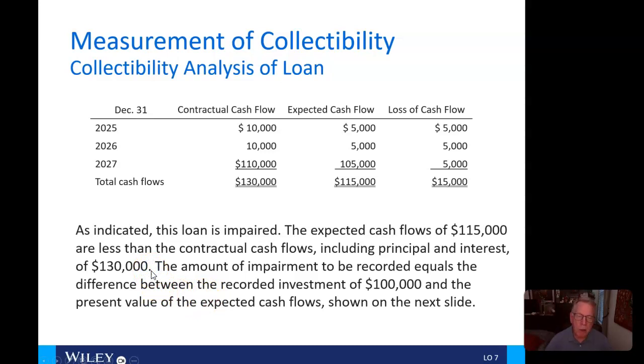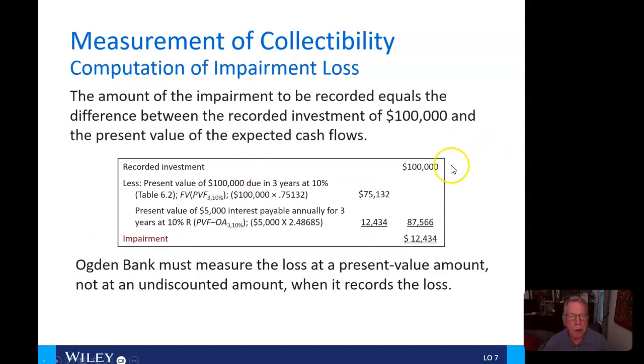The amount of impairment to be recorded equals the difference between the recorded investment of $100,000 and the present value of the expected cash flows shown on the next slide. So I'm going to say, here's my $100,000, the amount of the recorded investment. I'm going to take the present value of that 100,000 due in 3 years at 10%. So from table 6.2, I'm going to pick up this factor, and that'll be 75,132.